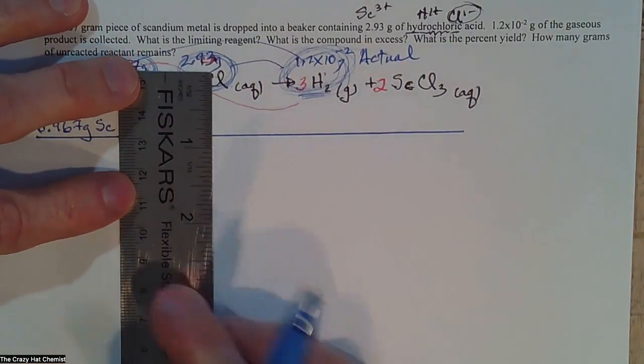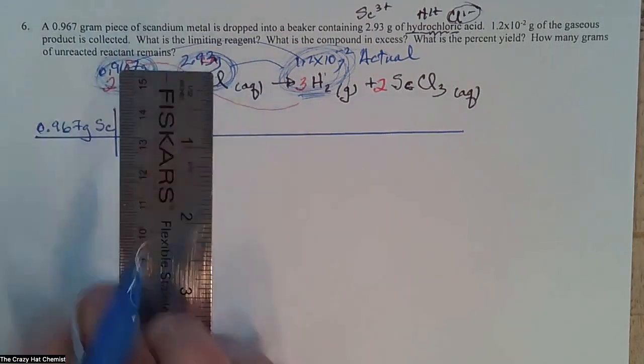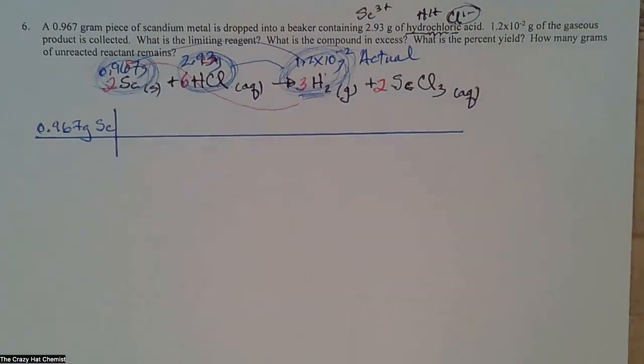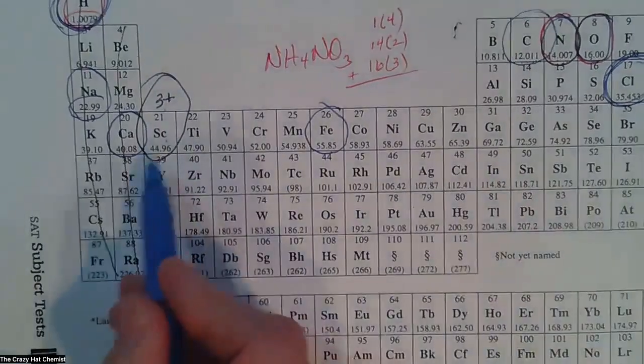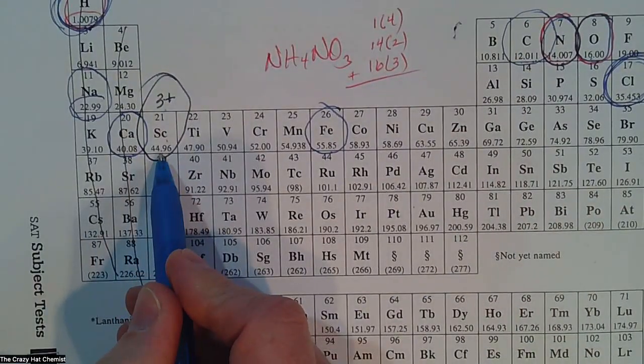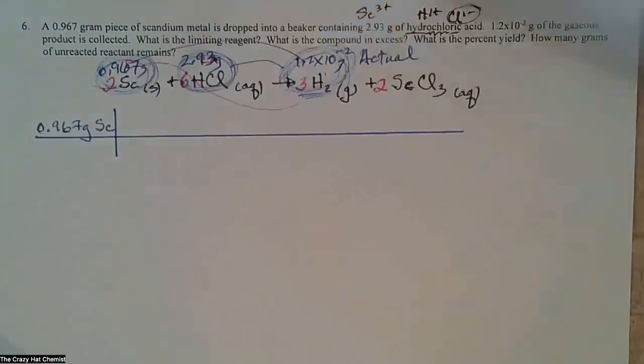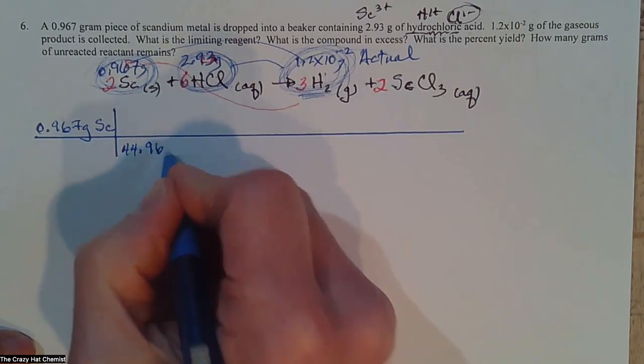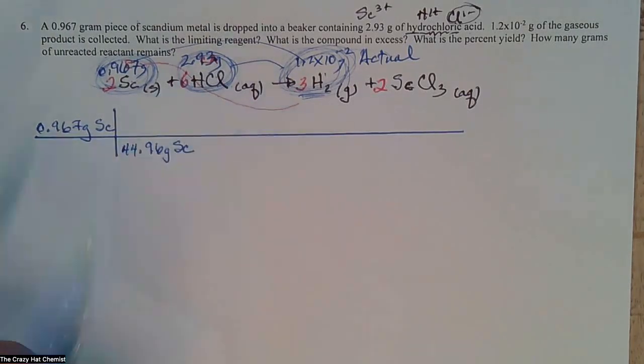Here's my vertical stop between my next step here. So I have grams of scandium needs to go here, and therefore I'm going to use the molar mass of scandium from the periodic table in the denominator. That's 44.96 grams. So I'm going to write that right here: 44.96 grams of Sc.